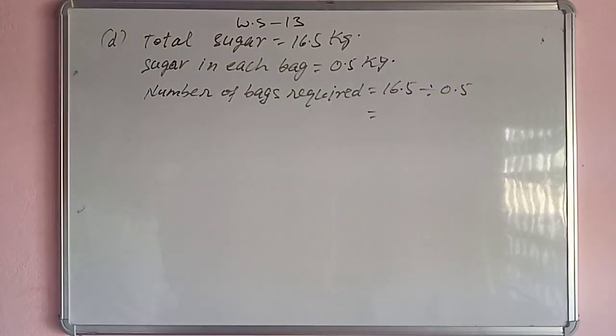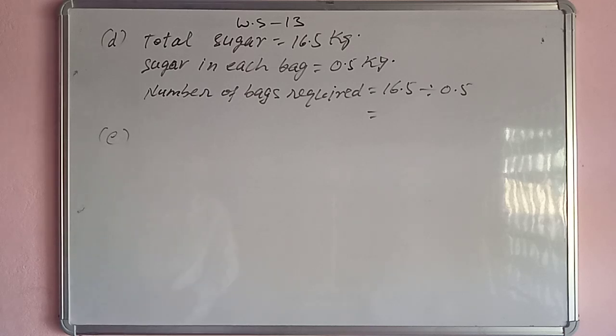And in the last question, part E, I require 2.25 meter cloth to stitch a skirt. Then how many skirts can be stitched with 20.25 meter cloth? Again in this question, the cloth required to stitch one skirt is 2.25 meter, and the total cloth is given. We are going to find the number of skirts.